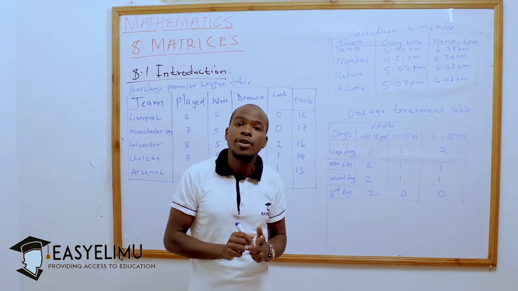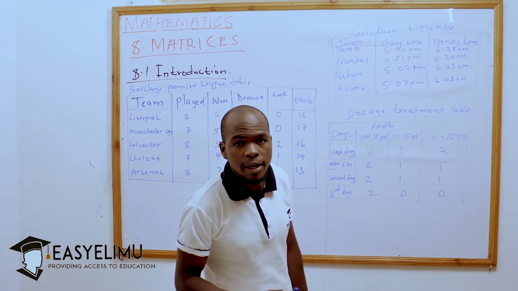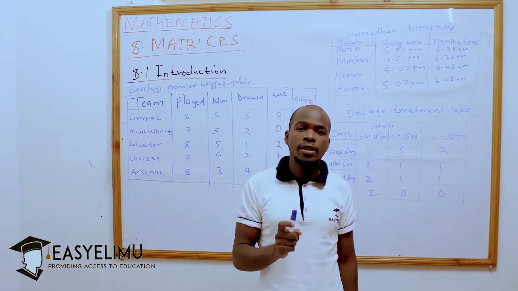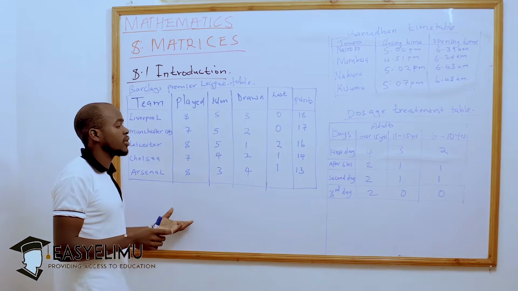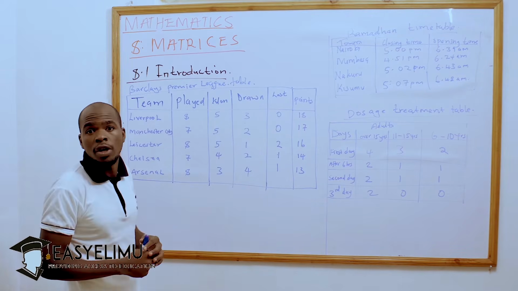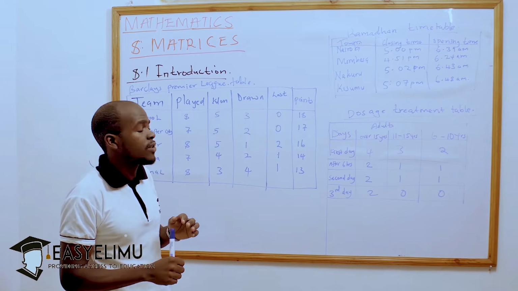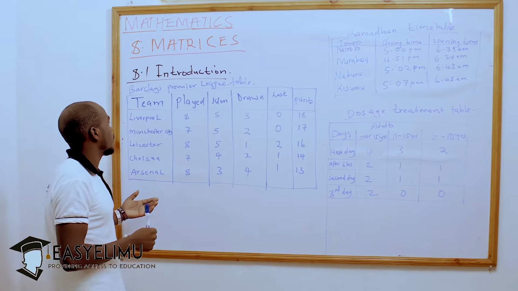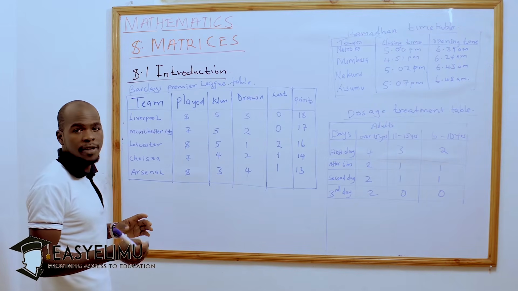Here I have drawn 3 tables for three different activities. The first table shows us the information on teams which played in a given season, in the second week of February.